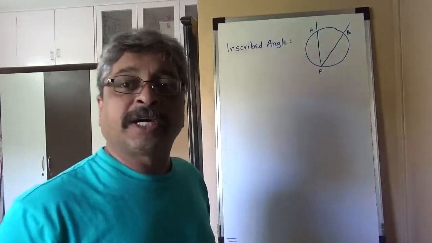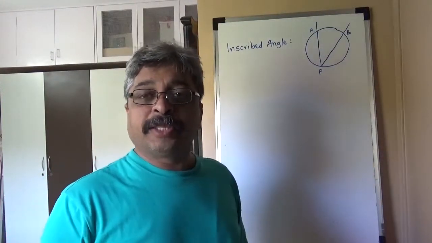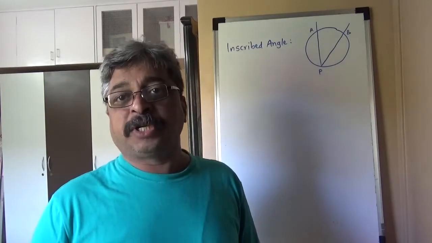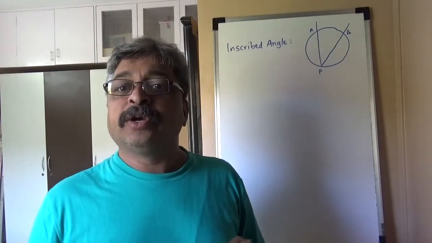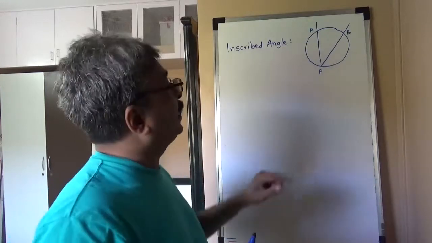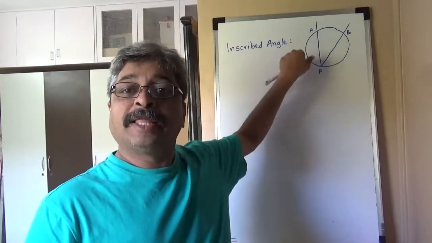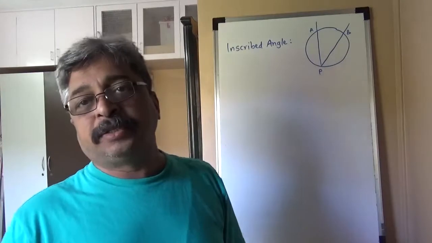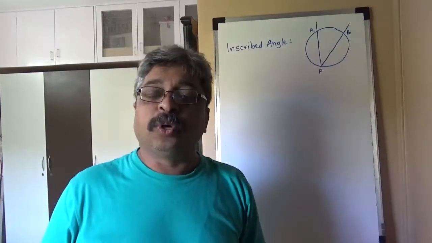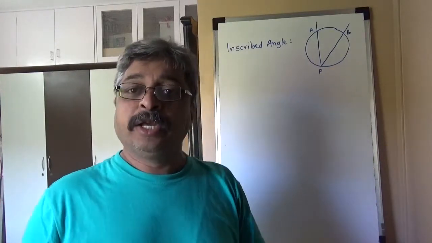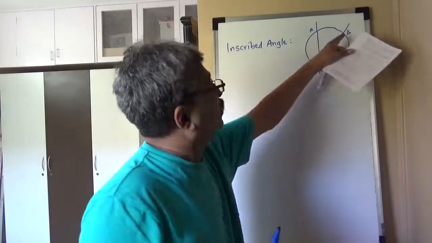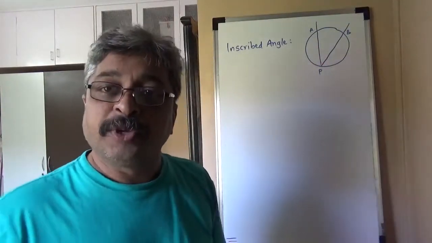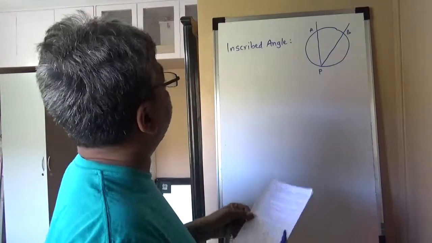So, essentially there should be an arc of a circle, and an angle whose vertex is other than the endpoints of the arc, and the two sides of the angle should pass through the endpoints of the arc. Then we call that angle inscribed in a circle.